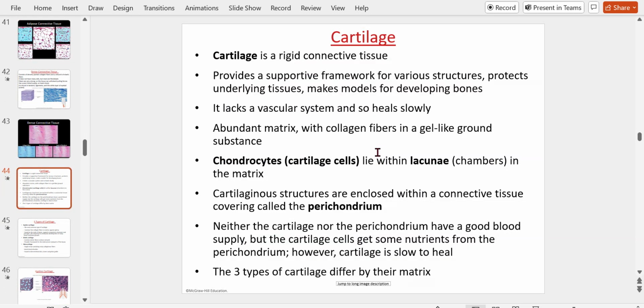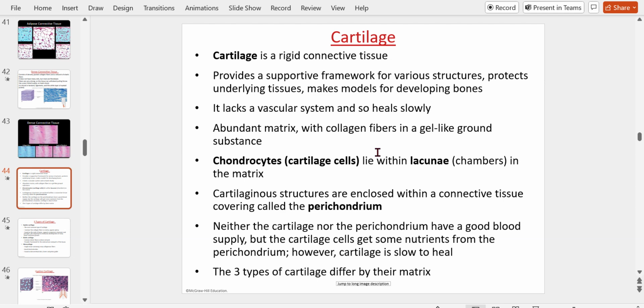Cartilage is a rigid connective tissue. It provides a supportive framework for various structures, protects underlying tissues, and makes models for developing bones. It lacks a vascular system and heals slowly. It has an abundant matrix with collagen fibers and a gel-like ground substance.